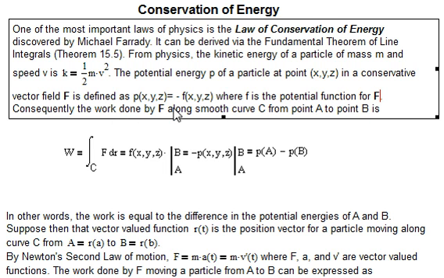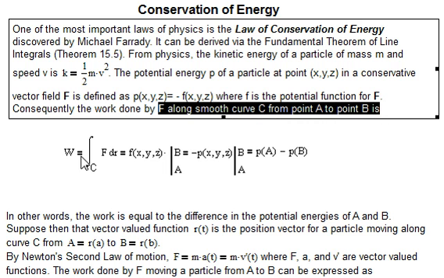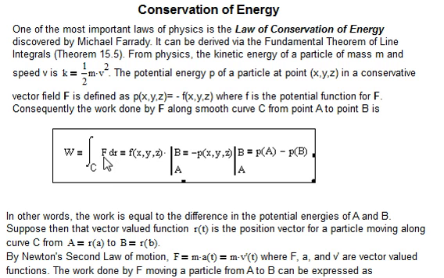Okay, consequently, the work done by a force F along a smooth curve C from point A to point B is the line integral of F dot dr over curve C, which is the potential function evaluated at B minus the potential function evaluated at A. This is point B, point A, which is the negative of the potential function evaluated at B and evaluated at A. And notice the negative sign here and the flip.